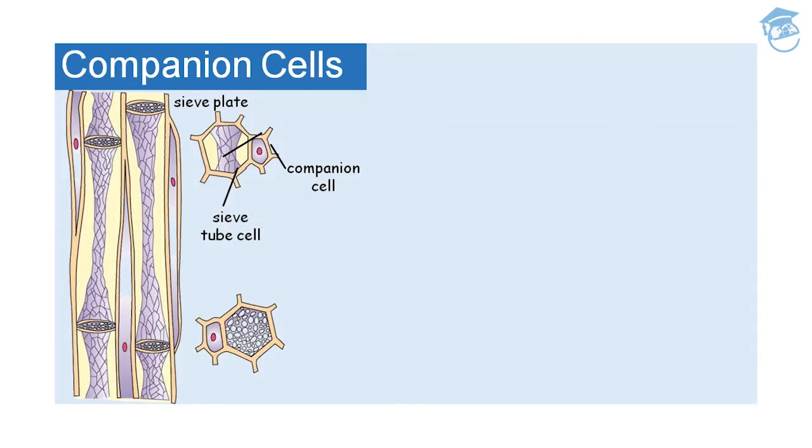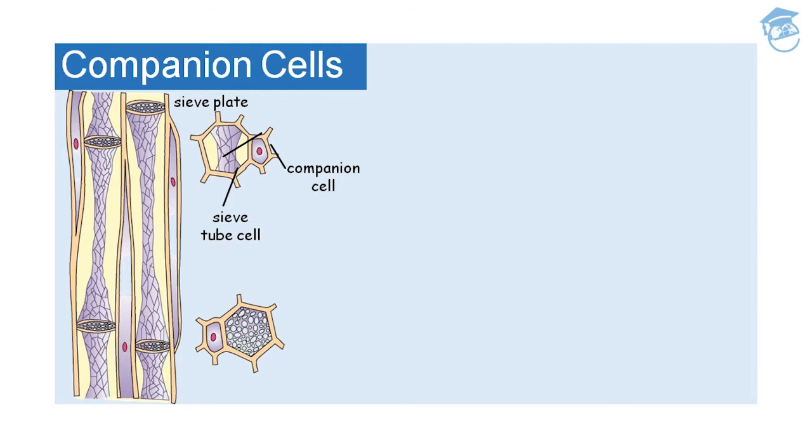Now we'll talk about the companion cell, students. Companion cell is in close association with the sieve tube cell. Companion cells are a type of parenchyma cell, found in the phloem of a plant.